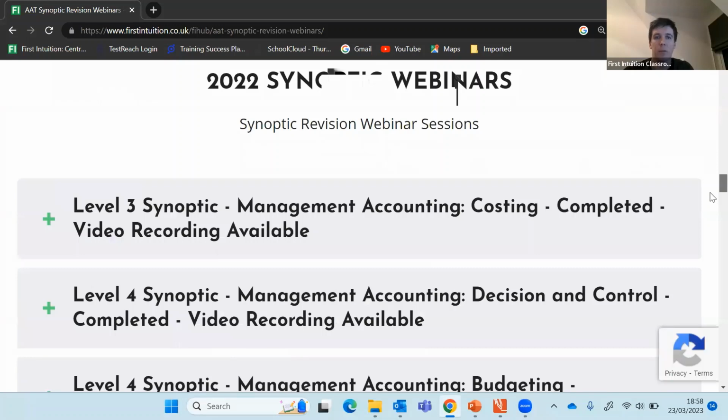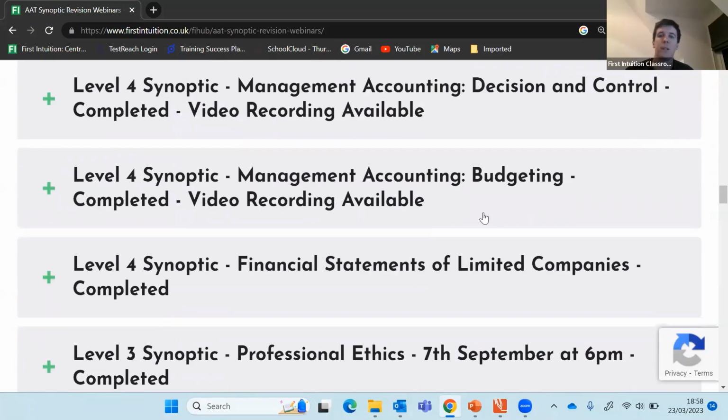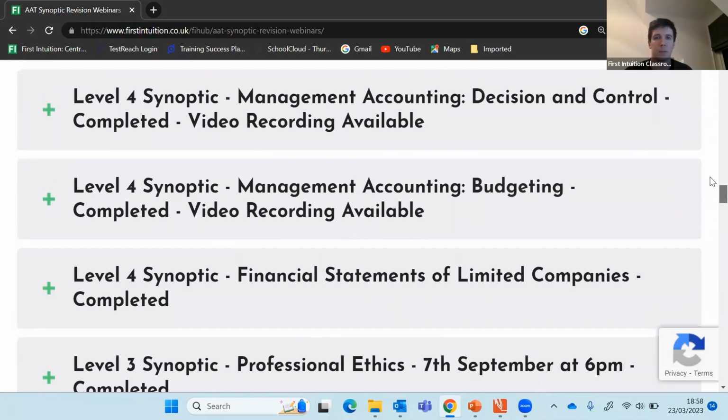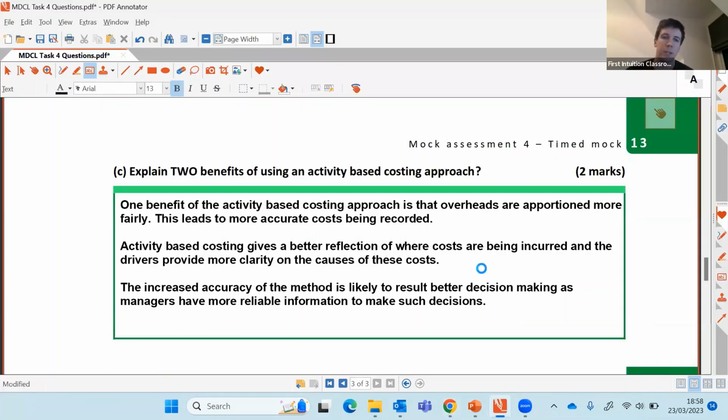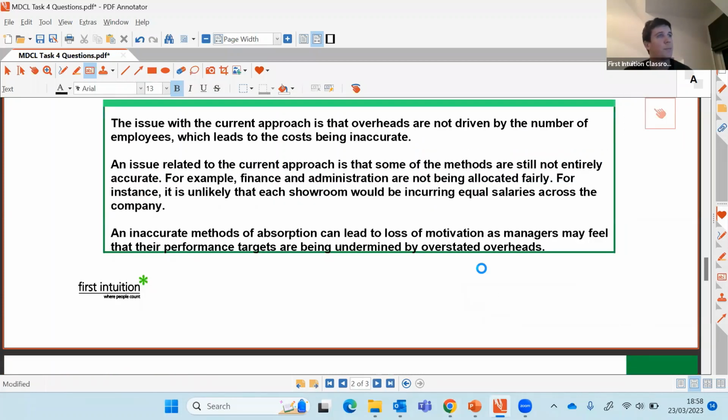As I move down here, that will be relevant to you. So there's another decision control one, there's a budgeting one here, there's a financial statements one, and so on. You've also got lots of other resources on YouTube and so on. But certainly important to make sure that you are presenting your answers in a professional manner.